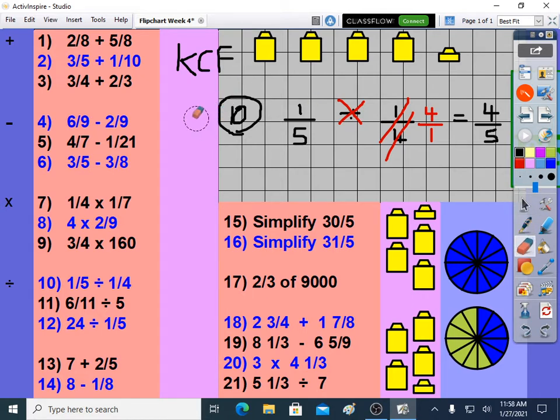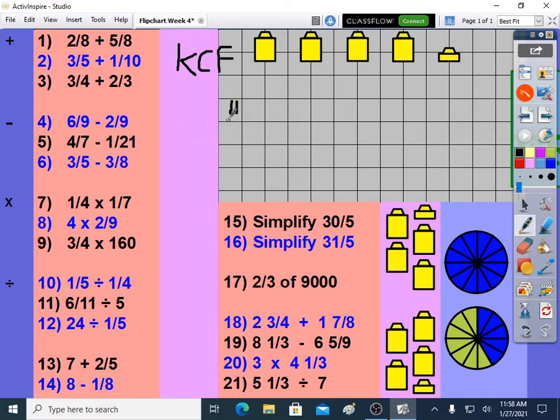Anyway, question 11. It's pretty much the same method for question 11 and question 12 that we've just done, with just using our little trick first. 6/11 divided by 5 is a bit awkward because one's a fraction and one's a whole number. So you do this, don't you? 5 whole ones. Then you can do your keep, change, flip.